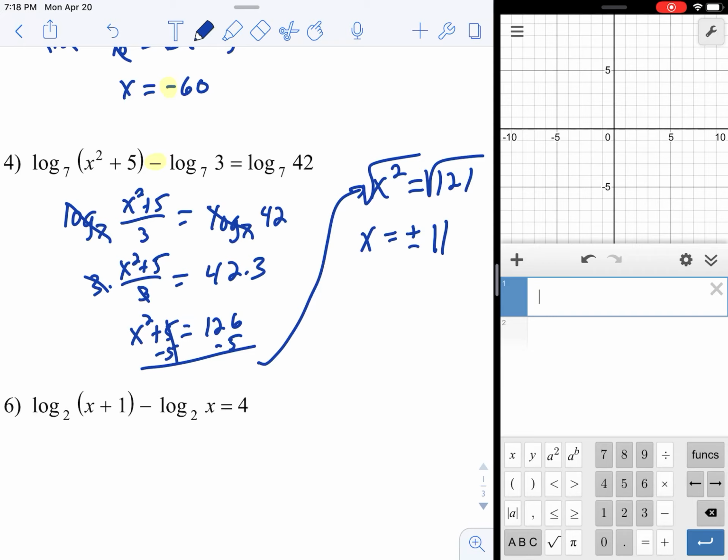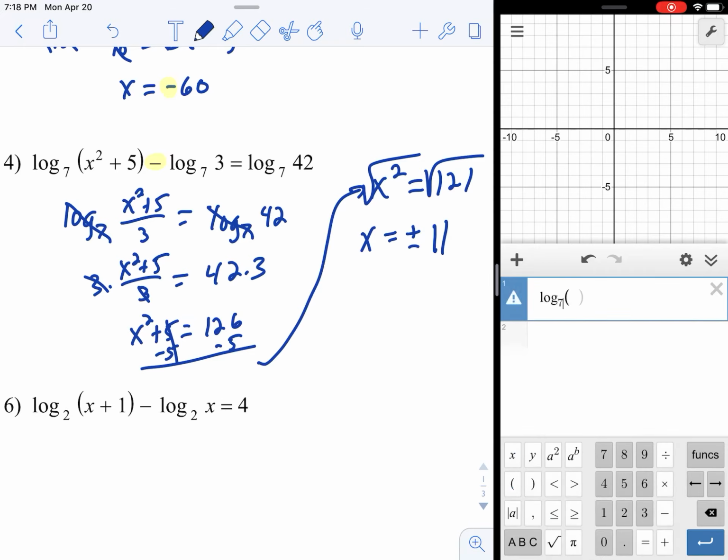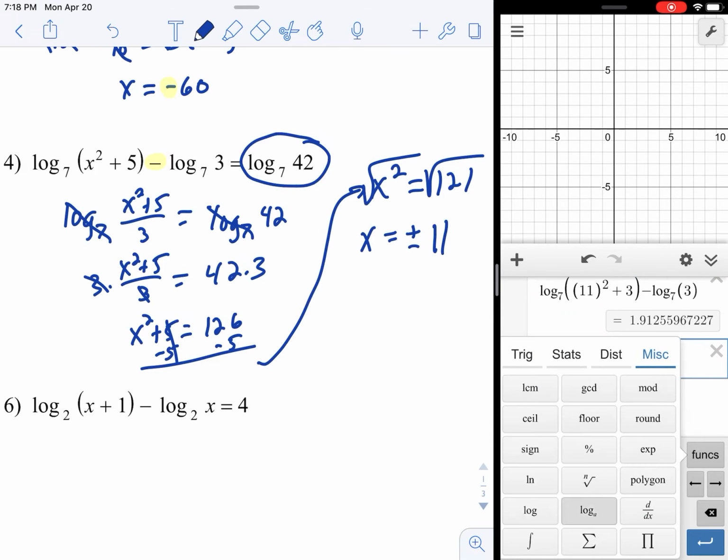If I'm going to check this on the calculator, log base 7 of 11 squared plus 5 minus log base 7 of 3. Now that's supposed to equal the other side of the equal sign, so let me type that in on a new line.